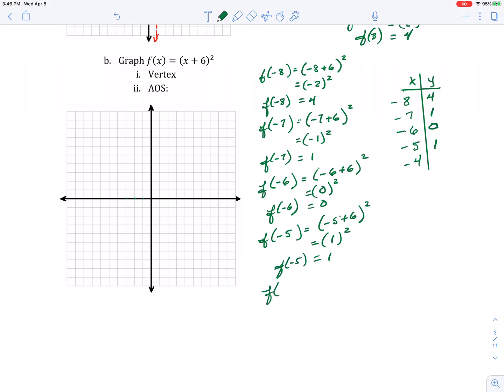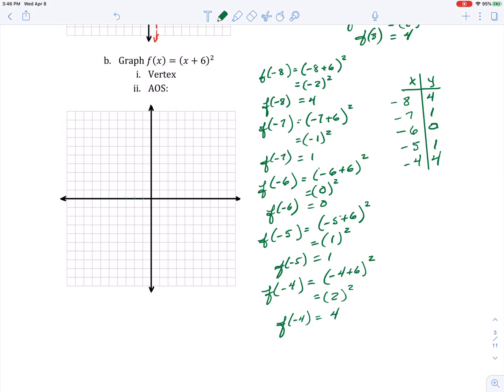And the last one, when x is negative 4, y is 4. So let me quickly plot points.